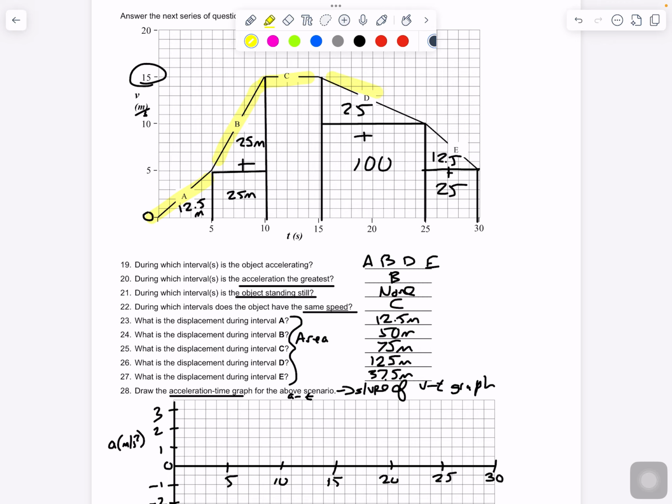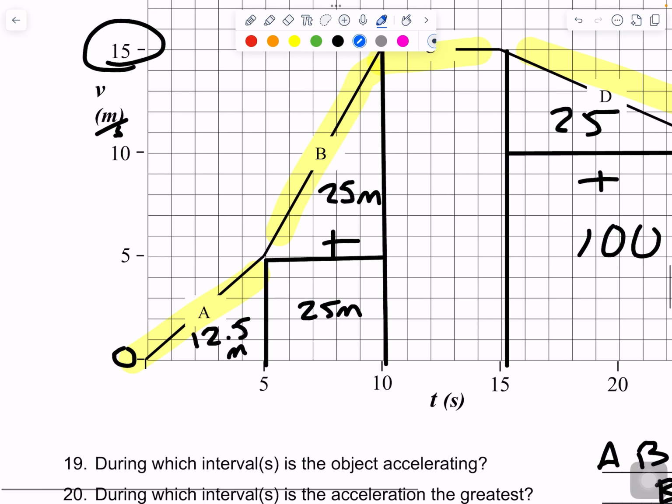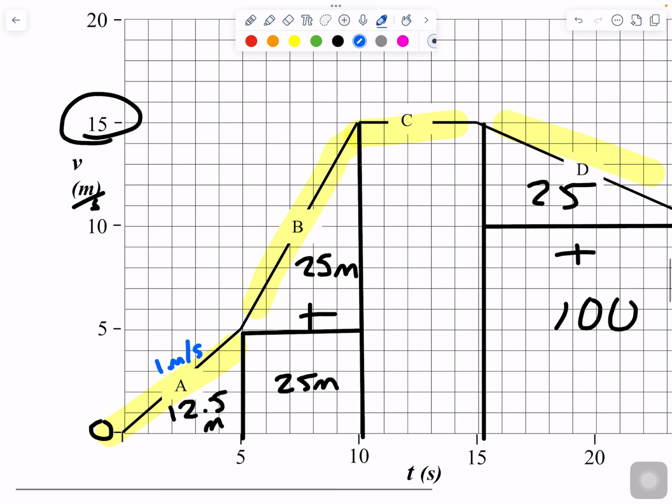Okay, so I just got to find the slopes of these parts here. 1, 2, 3, 4, 5 slopes. So let's find those slopes. I'm going to write them on here, and then we'll transfer those as my accelerations down below. Up 5 over 5, that's a slope of 1. Up 10 over 5, that's a slope of 2. Not meters per second, but meters per second squared. This is acceleration now.